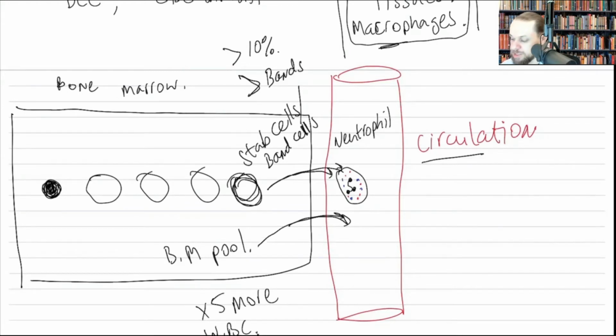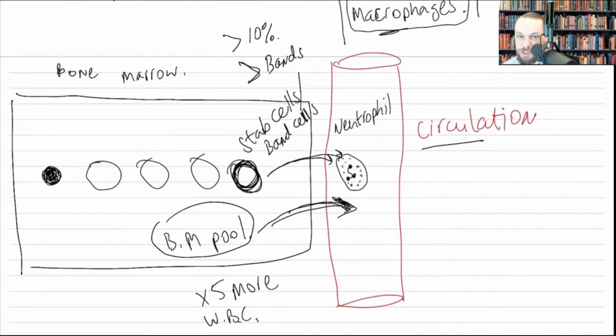So we see these immature cells, these stab cells or band cells, moving from the bone marrow pool towards the circulation. That's why we see elevation of band cells, which are essentially immature, not fully mature neutrophils.